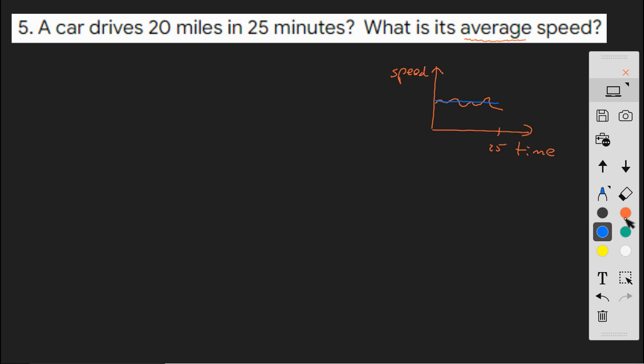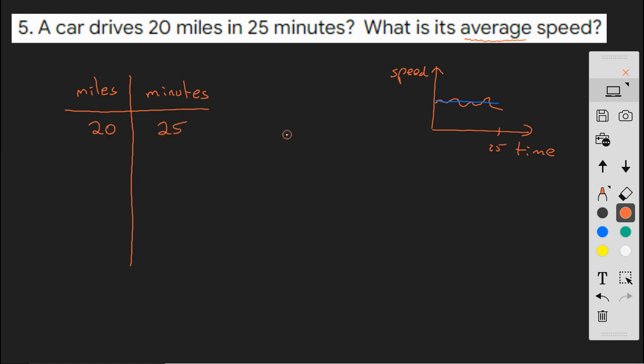Okay. Now I'm going to use one of my favourite ratio tables here, and you must have seen me use these a lot now. So I know that in 20 miles we travelled 25 minutes. Now, what are our units of speed?